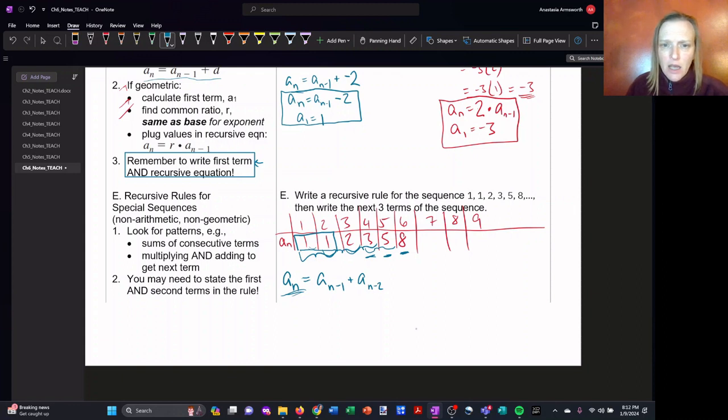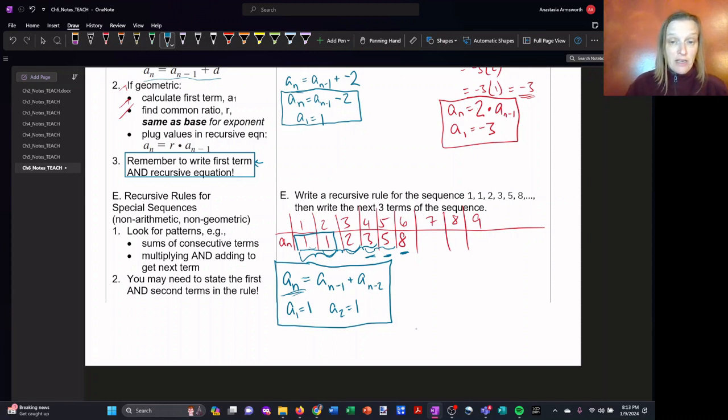And it's not enough to just write down this recursive equation. I also need to give my starting values. And my starting values, it's important to start with the number 1 and the number 1. So in this case, I don't just give one starting value, I give two starting values as part of the rule.